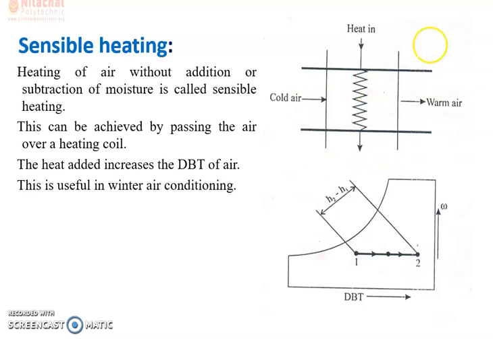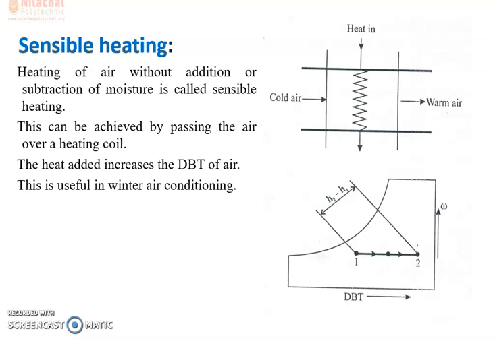At the heating coil, the surface temperature is TD3. So remember it: this is TD1, here the temperature TD3, and here the outlet temperature TD2. In the process also, here is TD1, TD2, and the surface temperature of the coil, TD3.